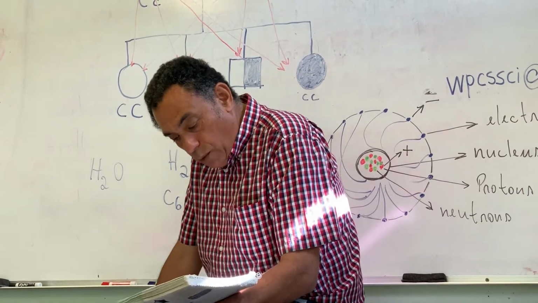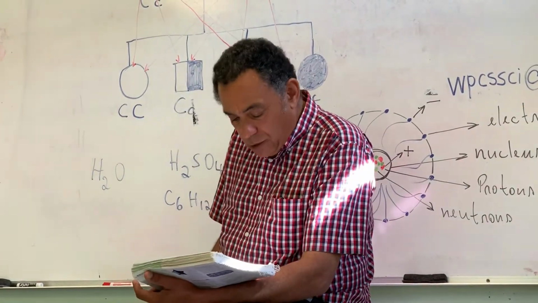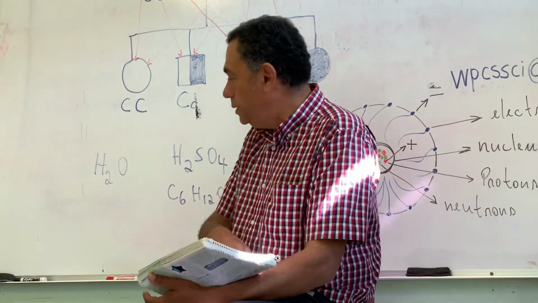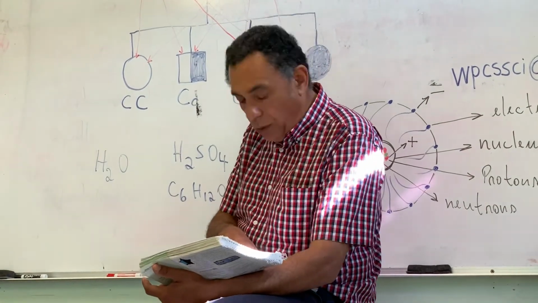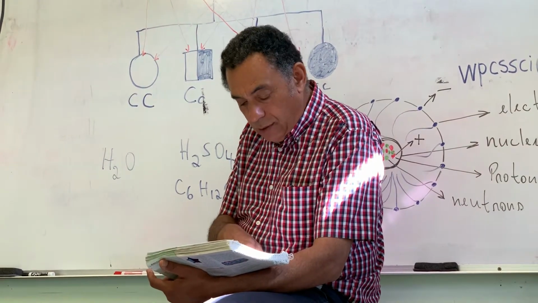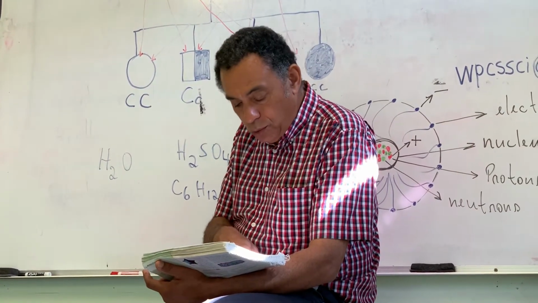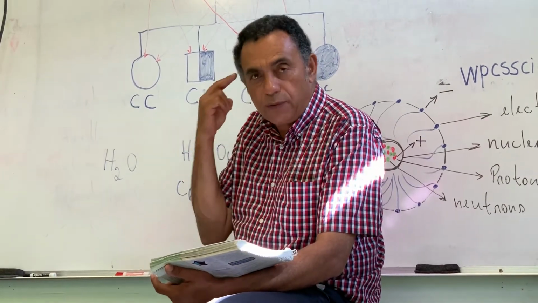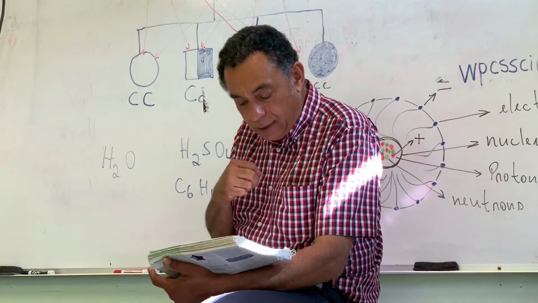Now, when you see this formula on page 301, you go to the first one I'm talking about, water, and then you go to oxygen. Oxygen, you have O2. What does O2 mean? It's two atoms of oxygen.